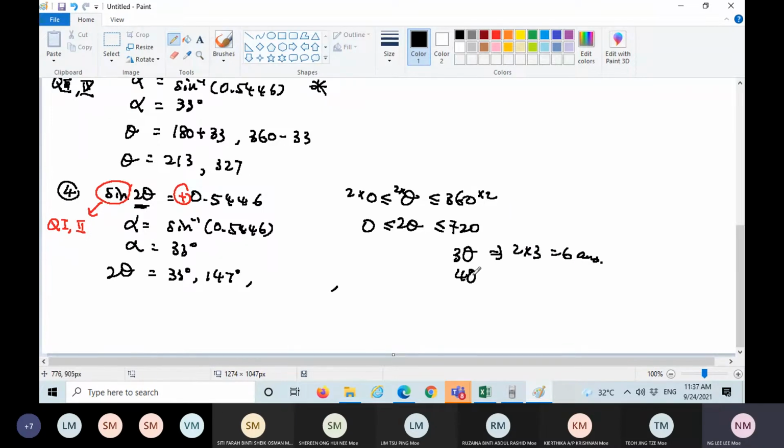If you have 4 theta, 2 times 4, you have 8 answers, and so on. This is the meaning. For the next round, very simple, you just get 360 plus the first answer, 33, and 360 plus your second answer, 147. This is how you have 4 answers.